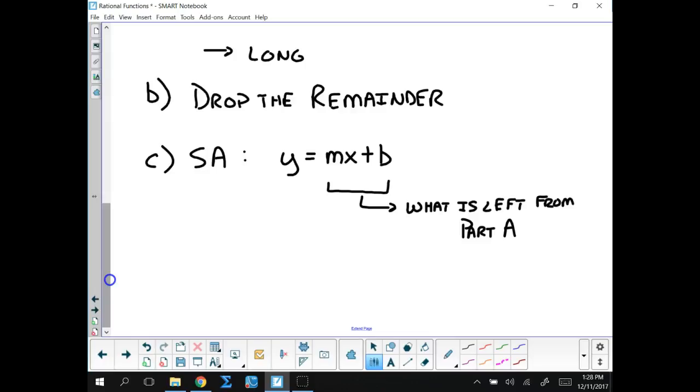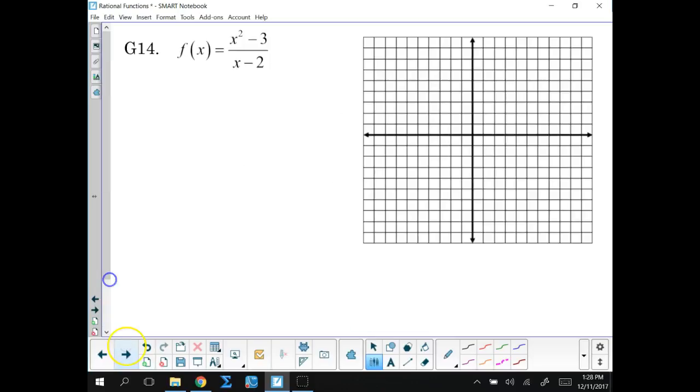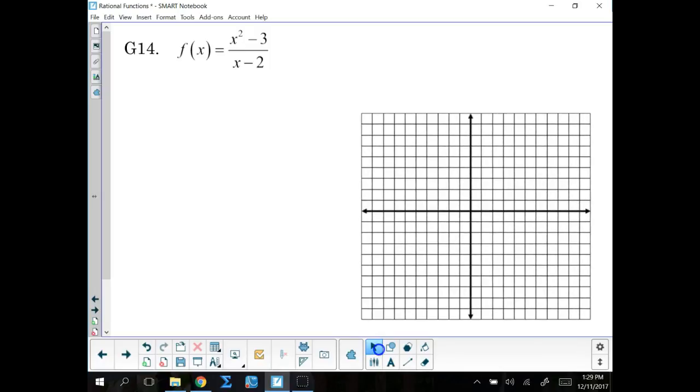Now we have all 8 steps that we use to graph any rational function. So let's go through them step by step on this one.